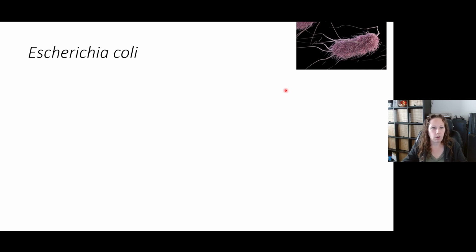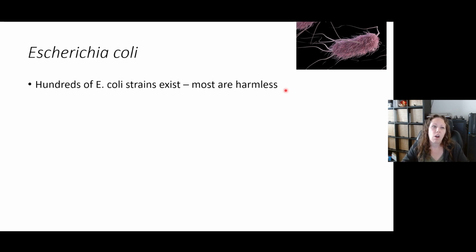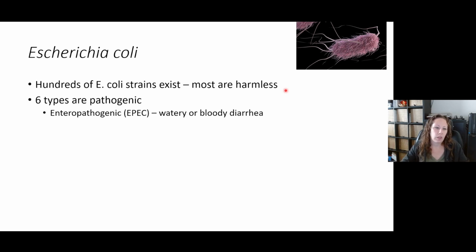Okay, and now Escherichia coli. There are hundreds of E. coli strains that exist, and most of them are harmless. There are 6 types that are pathogenic, and within each type there are several strains. There is enteropathogenic E. coli, abbreviated EPEC, which results in watery or bloody diarrhea.